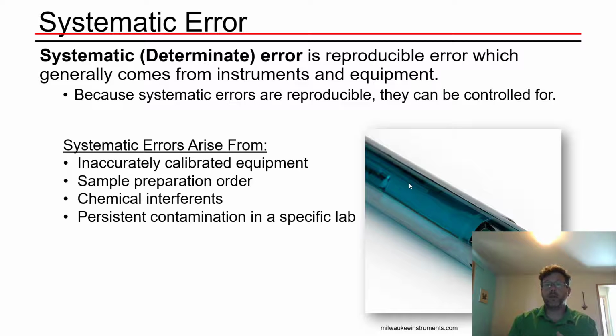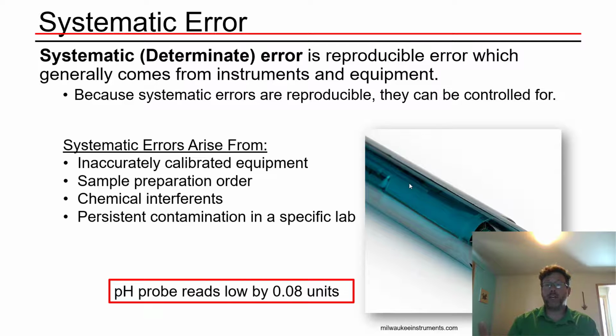And so as a result, you get a systematic error where if you use that probe that's been calibrated incorrectly, anytime you're measuring near pH 7, that probe will read 0.08 pH units too low. And so when you think you have a pH of 7, you would actually have a pH of 6.92.